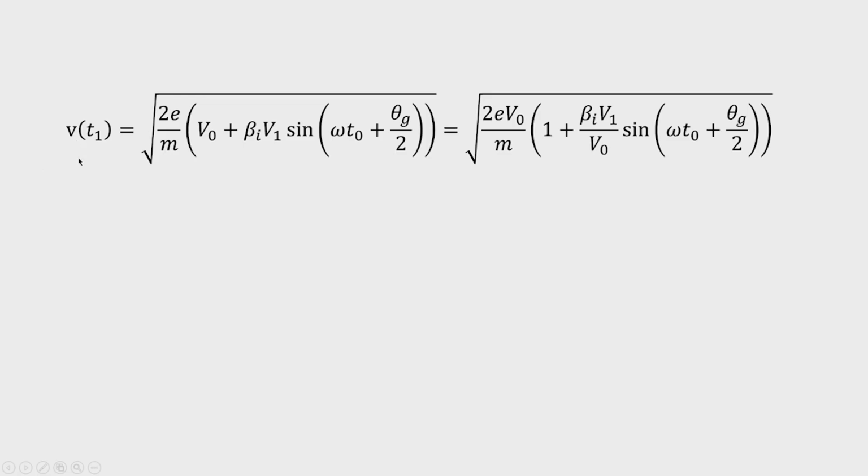The velocity of the electron at the time of exit T1 is root 2 E by m.